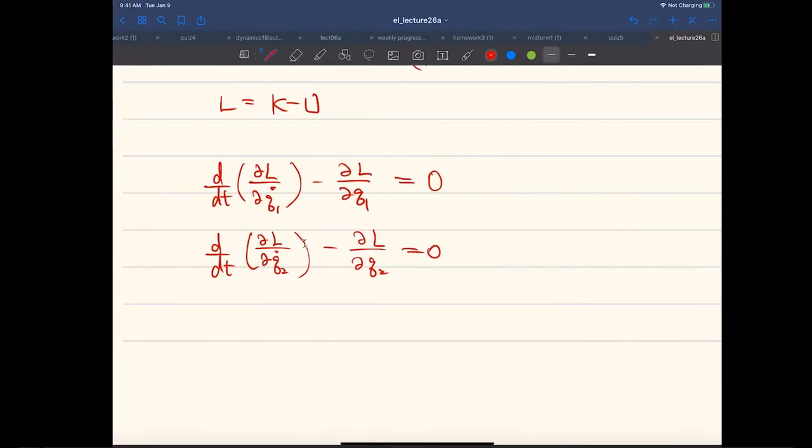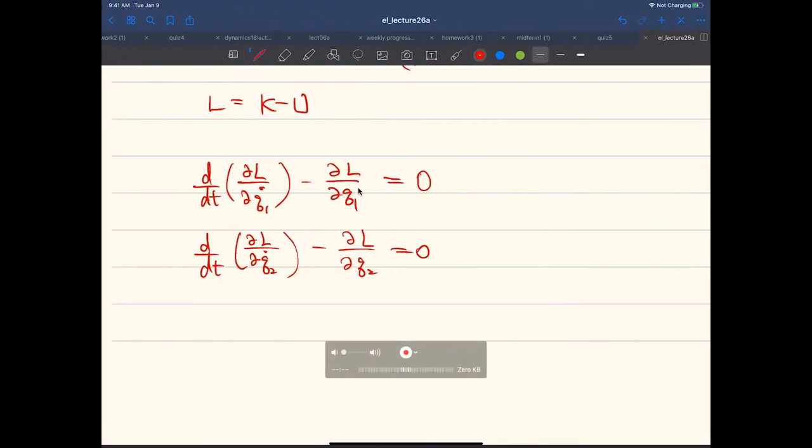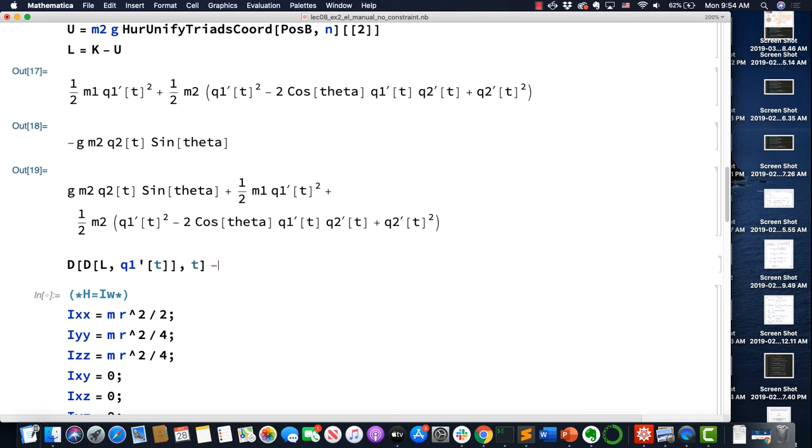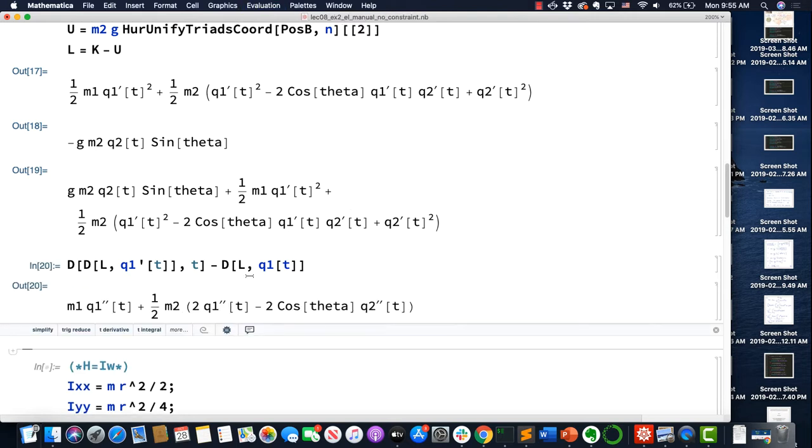And the second term is minus round L, round Q1. So that's the equation. If you evaluate it, this is the equation that you get. Very simple, right?